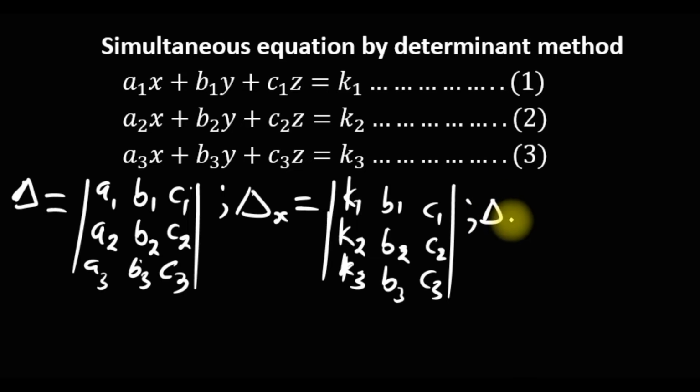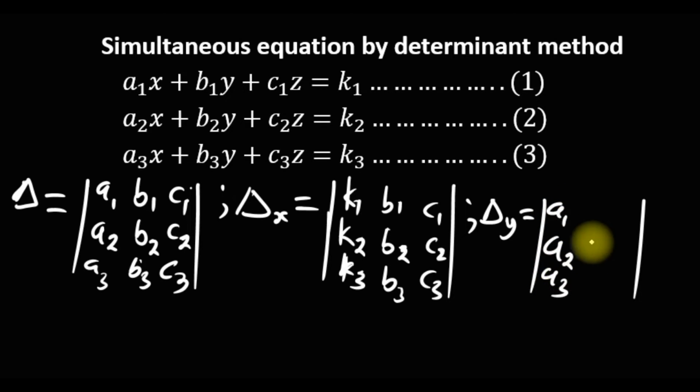The third one is the one that has subscript y. In the same way, we replace the coefficients of y with the constants k1, k2, and k3, so a1, a2, a3 stay the same, the middle column becomes k1, k2, k3, and the last column is c1, c2, c3.